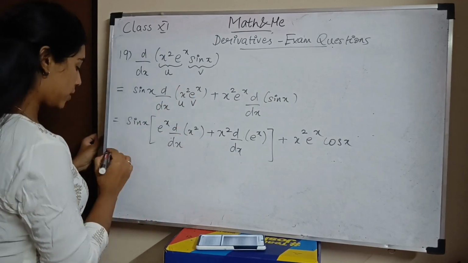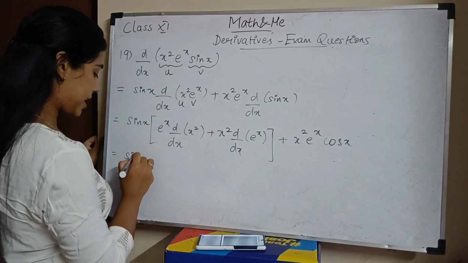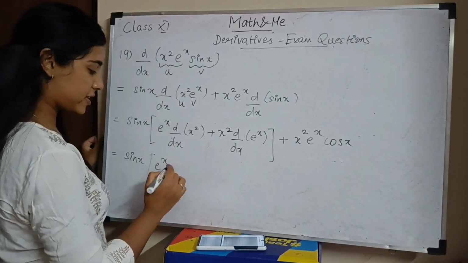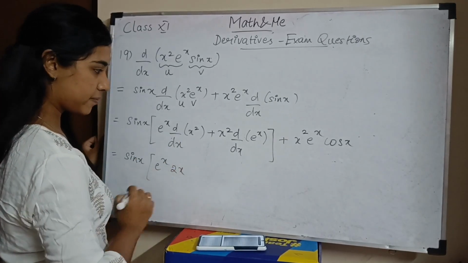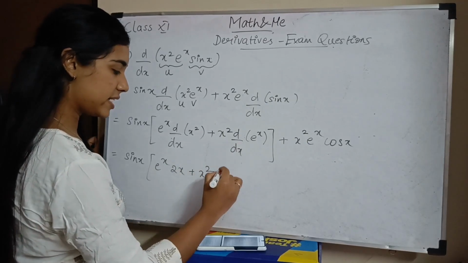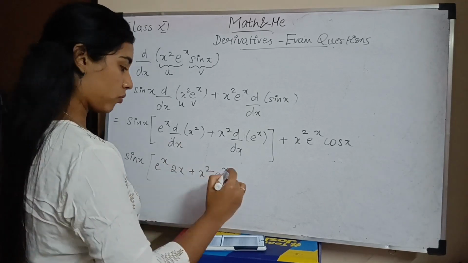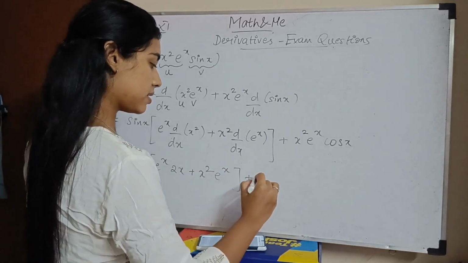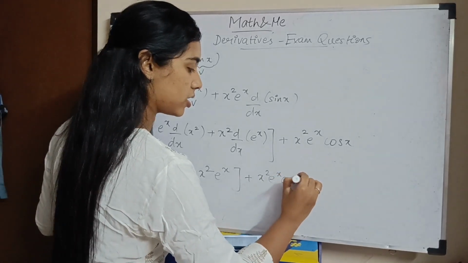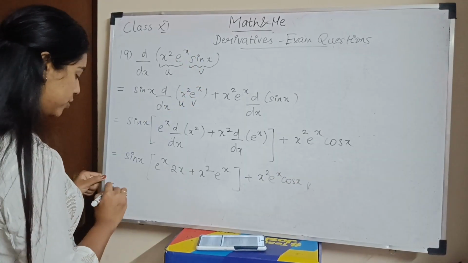Okay. So now next step, sin x times e to the x, d by dx of x square is 2x, plus x square, d by dx of e to the x is e to the x itself, plus x square e to the x cos x. You can maybe further take the e to the x outside.